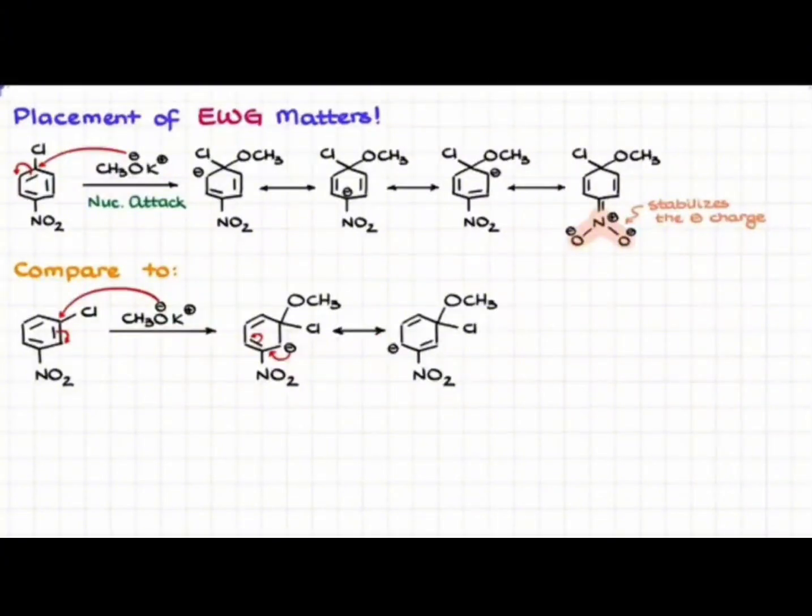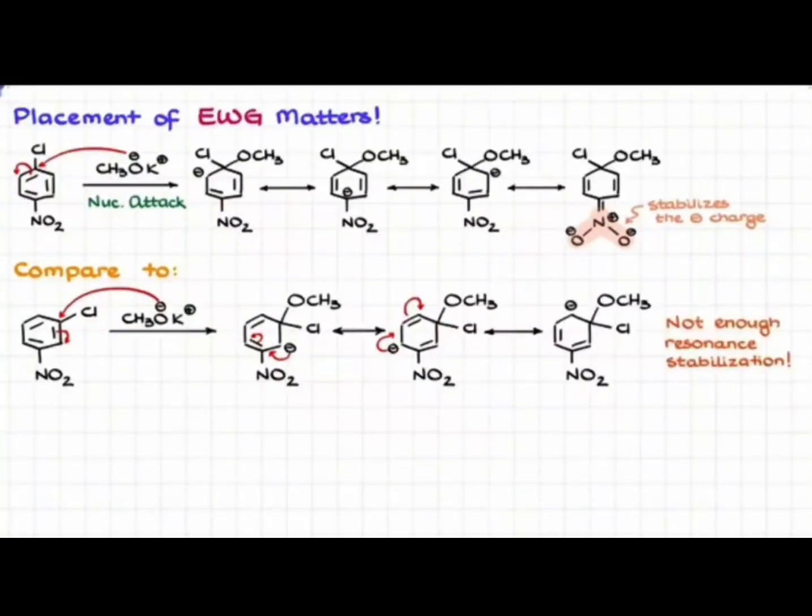From this point, I can move them around one more time like this, giving me another resonance contributor. Now, the problem here is that I have exhausted all of my reasonable resonance contributors, and the issue is that it is not enough to effectively stabilize our negative charge. The nitro group was absolutely crucial for that, and now we don't have the nitro group stabilization.